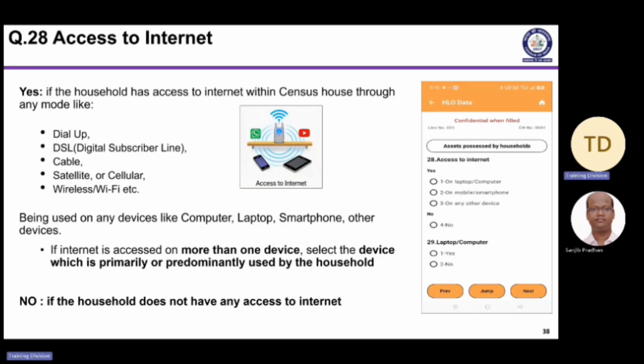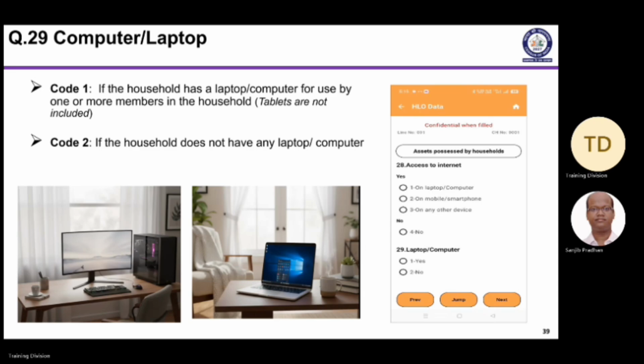So here again there are four codes: on laptop computer, on mobile smartphone, on any other device, and no internet. Then the availability of asset regarding laptop or computer. So there are two codes: yes or no, simple. If the household has a laptop or computer for use by one or more members of the household.